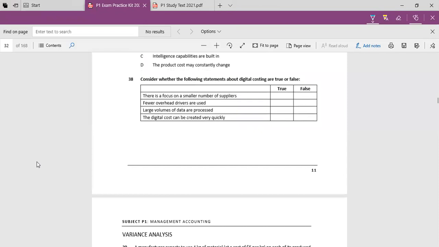Consider whether the following statements about digital costing are true or false. There is a focus on a smaller number of suppliers, fewer overhead drivers are used, large volumes of data are processed. The digital cost can be created very quickly.